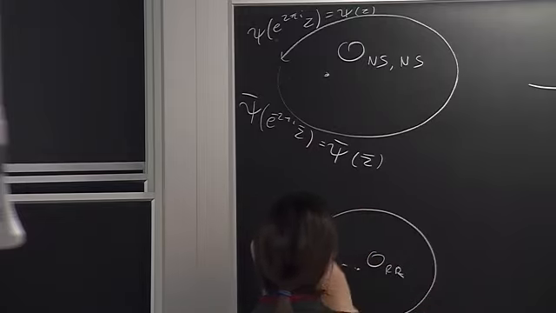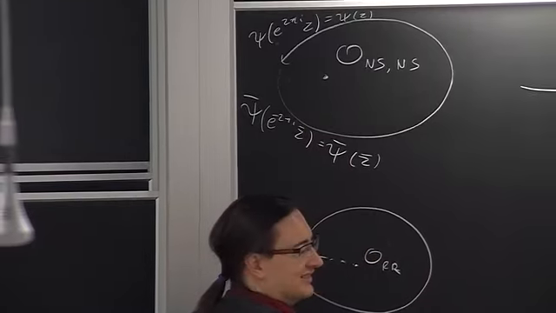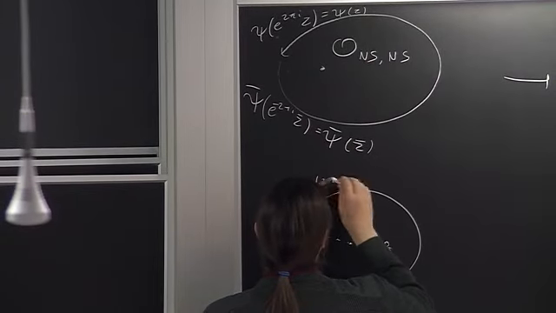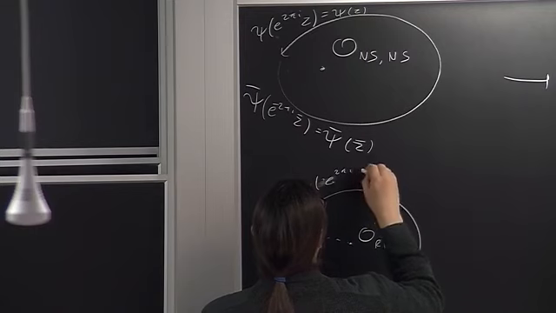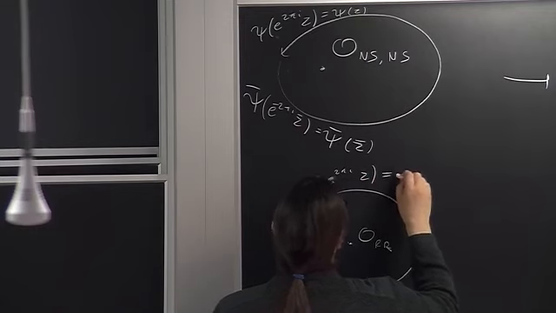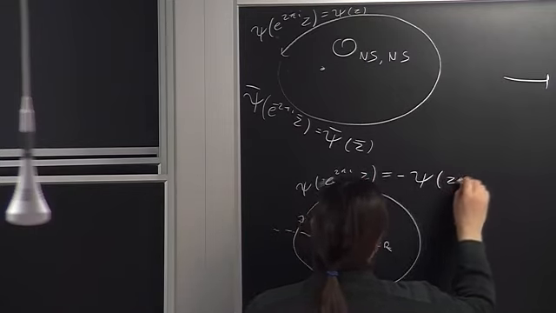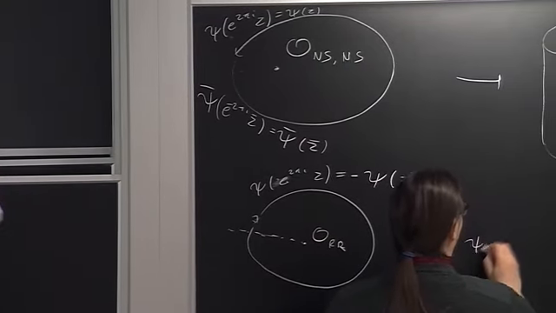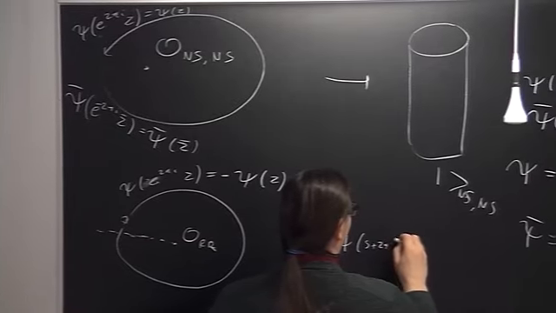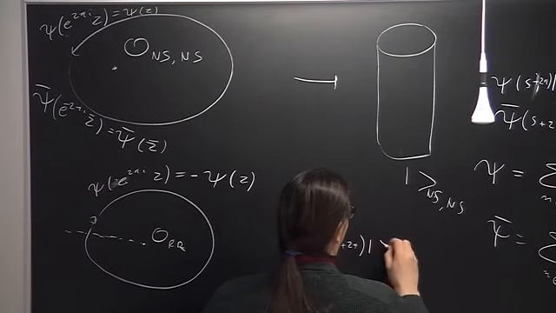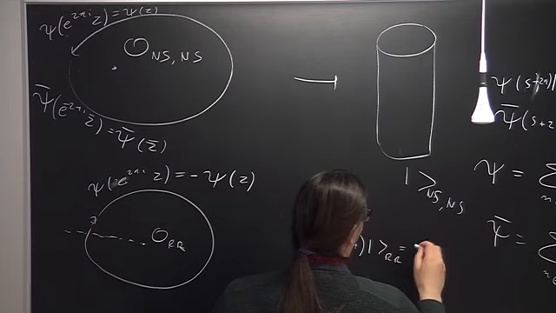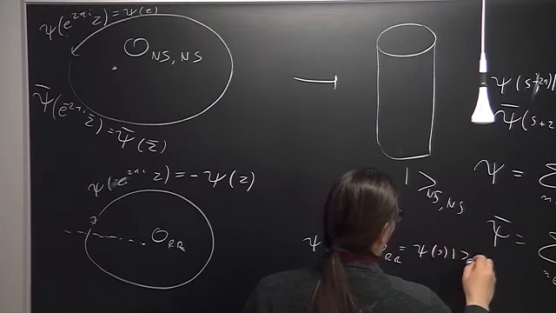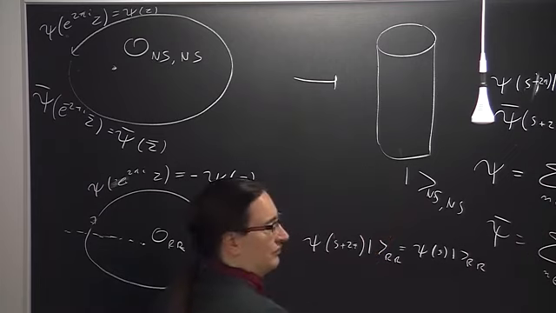One way you could write this, it's just a silly notation: psi of e to the 2 pi i z is minus psi of z, which maps to the statement that psi of s plus 2 pi in the Ramond sector is psi of s in the Ramond sector, etc.